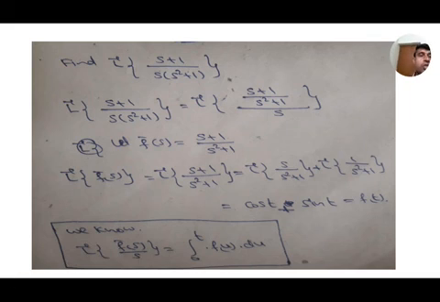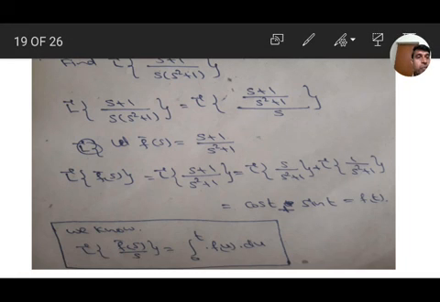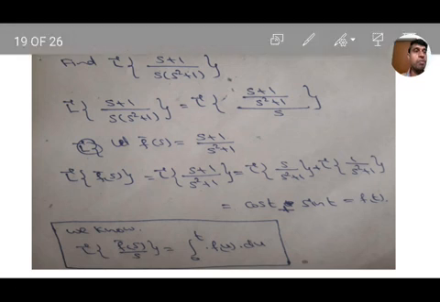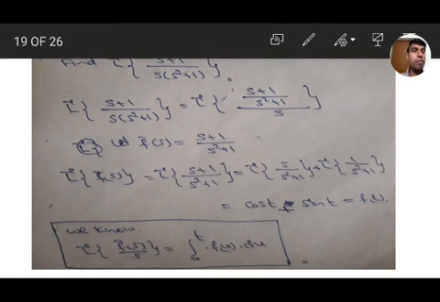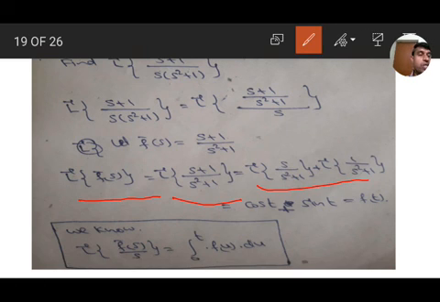So f bar s equal to s plus 1 by s square plus 1, and find its inverse Laplace transform. L inverse of f bar s equal to L inverse of s plus 1 by s square plus 1, using separate division and linearity property, L inverse of s by s square plus 1 plus 1 by s square plus 1. So it is cos t, and L inverse of 1 by s square plus 1 is sin t.